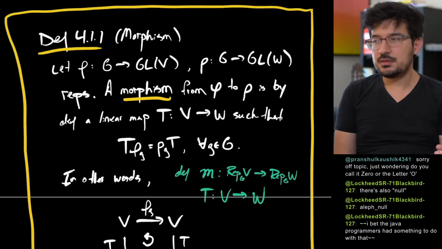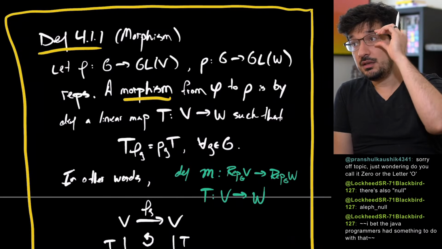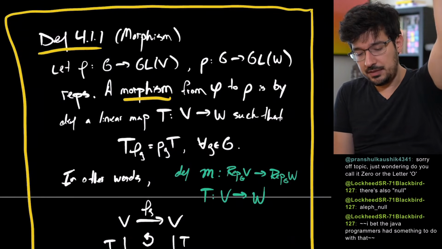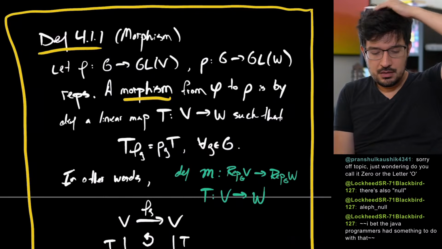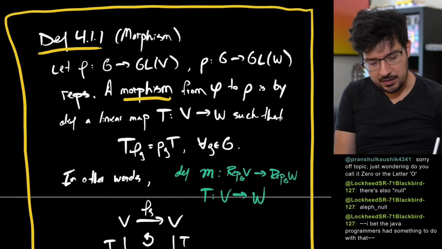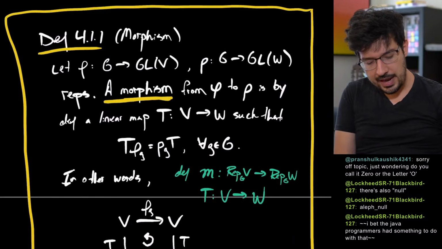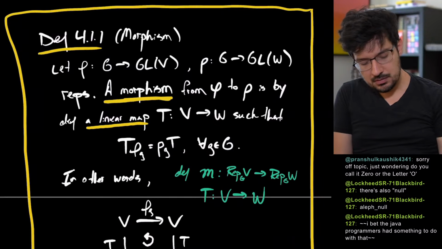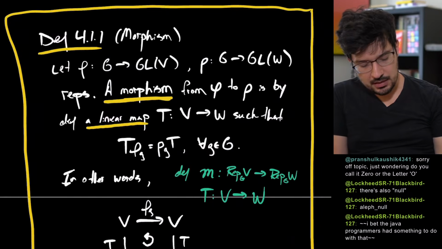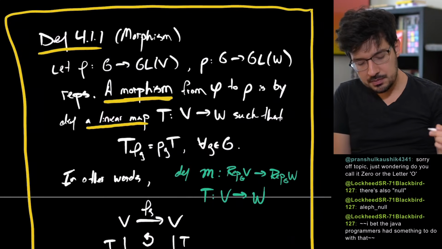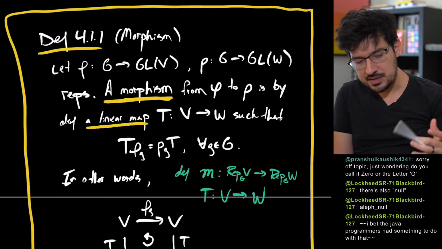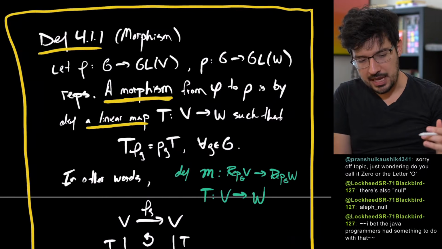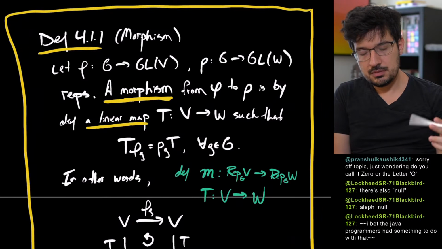What's confusing me, and doesn't match what you've told me in the chat, is that this definition right now is referring to a single morphism, and it is a linear map. Whereas you're saying that a morphism between these representations is a set of all linear maps between them.